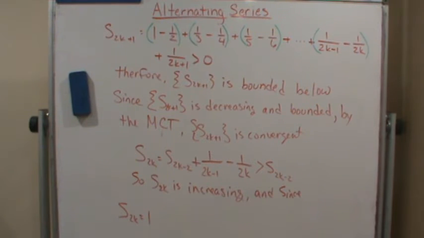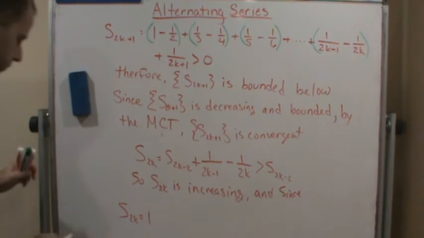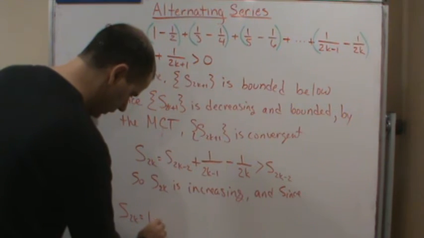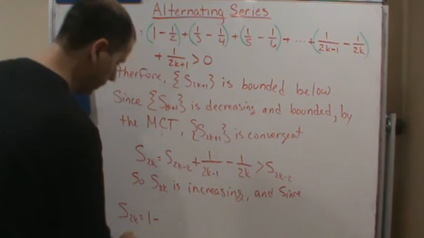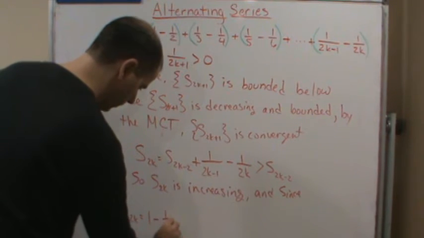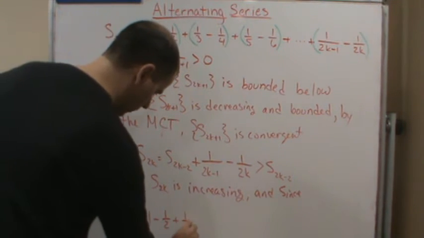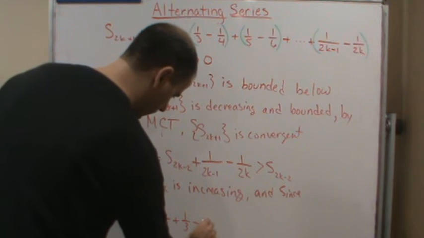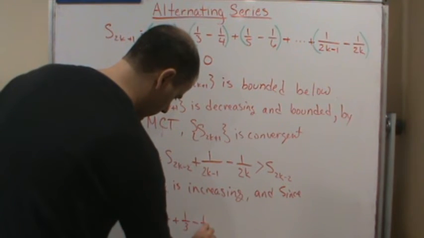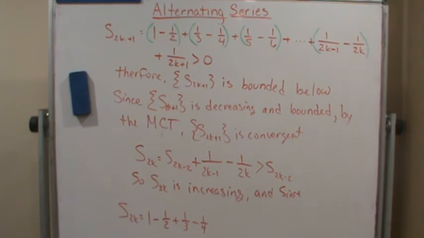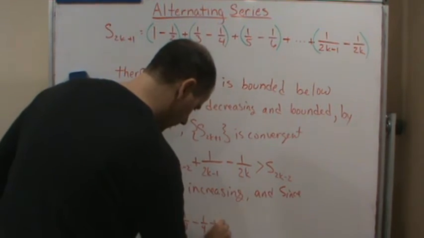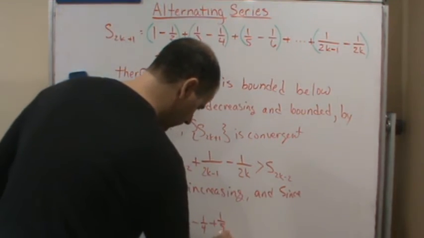Okay, so we're going to repeat what I have at the top: 1 minus a half plus a third minus a fourth, plus a fifth. Okay?